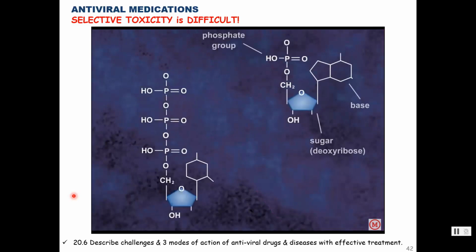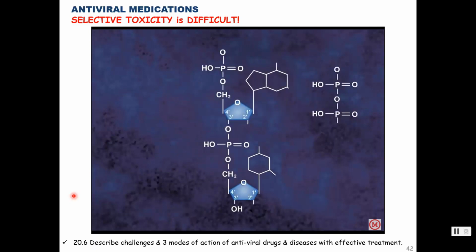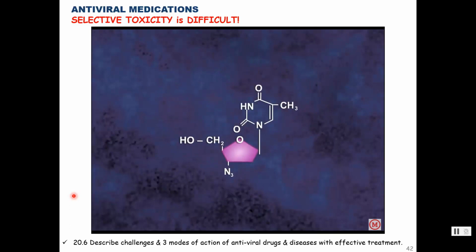Replication of nucleic acids involves additions of nucleotides to the free 3' end of the growing chain. Nucleoside analogues are incorporated into nucleic acids during synthesis, but then prevent further synthesis.